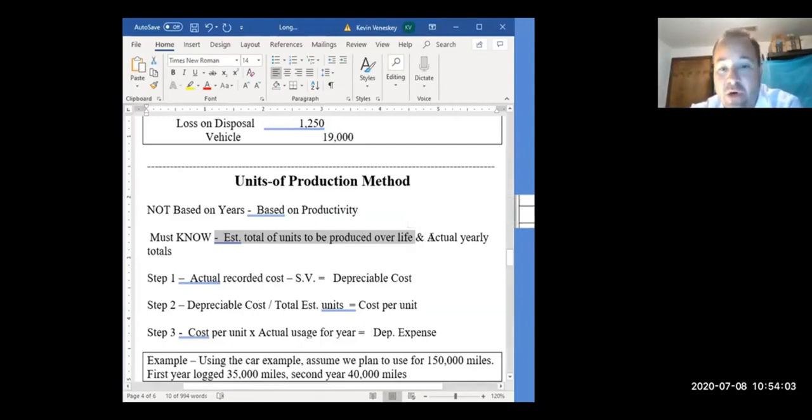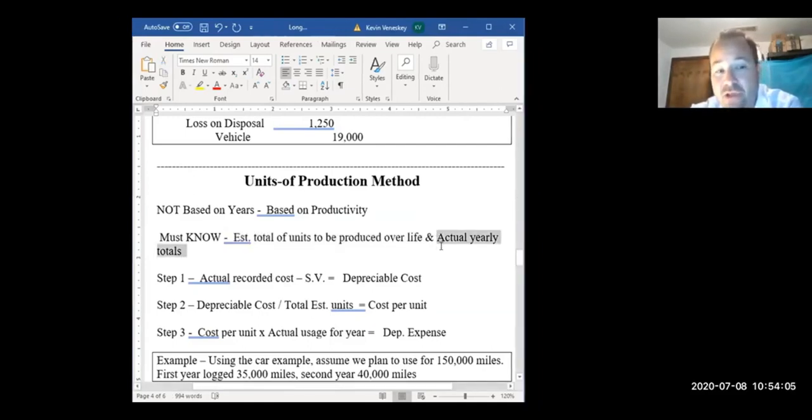And then what I need to know is how much I am actually driving it every single year, and I compare that to my total. So if I thought I was going to drive 100,000 and I only drove 10,000 this year, I used it 10%. So I'm going to depreciate 10% of the vehicle's worth.